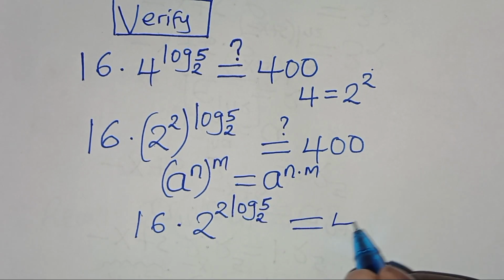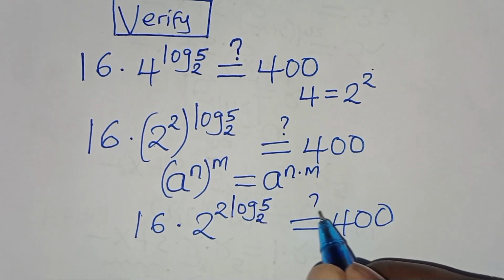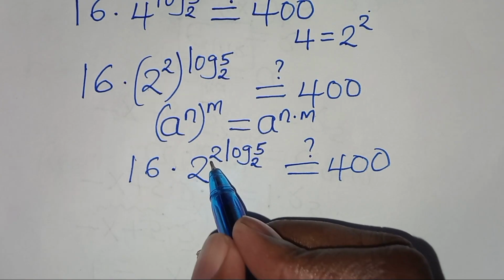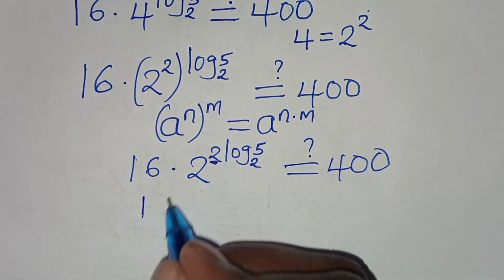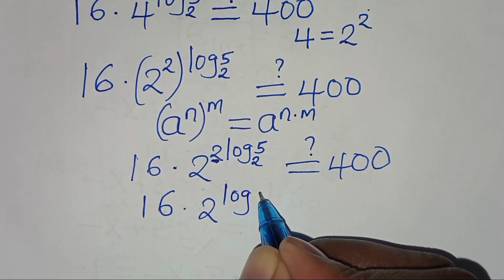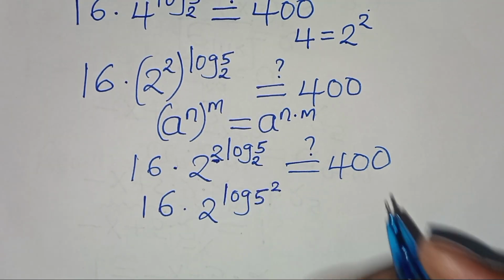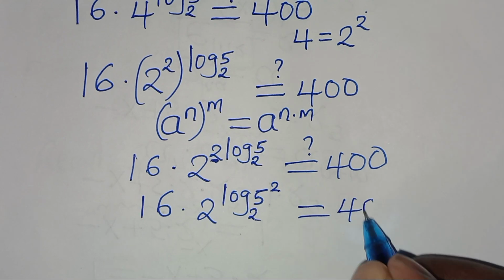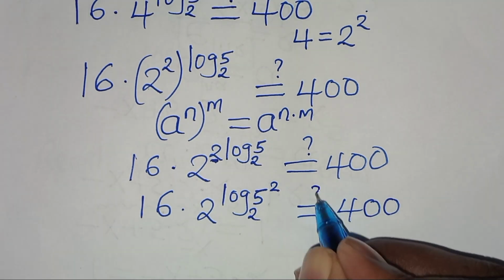This is supposed to give us a value of 400. Now you find that this is a power, so we can express this as 2 raised to power log 5 to power 2 to base 2. This is supposed to give us a value of 400.